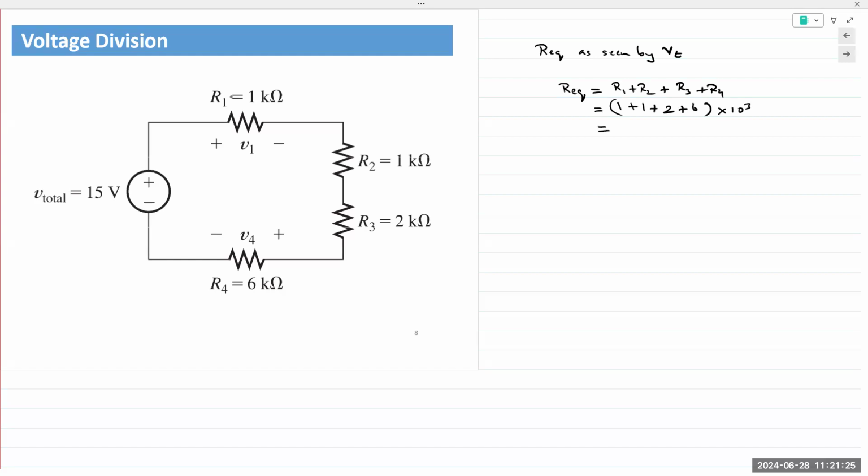And that gives me what? 10 kilo ohms, 10K. REQ is 10K. My equations, of course, V1 is V total times R1 over REQ. So 15 times 1 divided by 10 times 10 raised to 3.